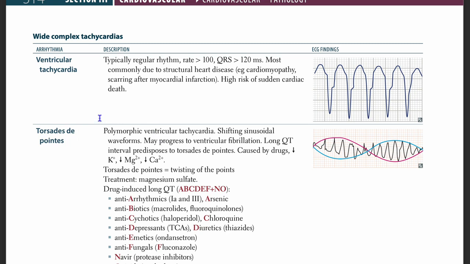Polymorphic ventricular tachycardia, shifting sinusoidal waveform. Many progress to ventricular fibrillation. Long QT interval predisposes to Torsades de Pointes. Caused by drugs, decrease in potassium, decrease in magnesium, and decrease in calcium. Right?